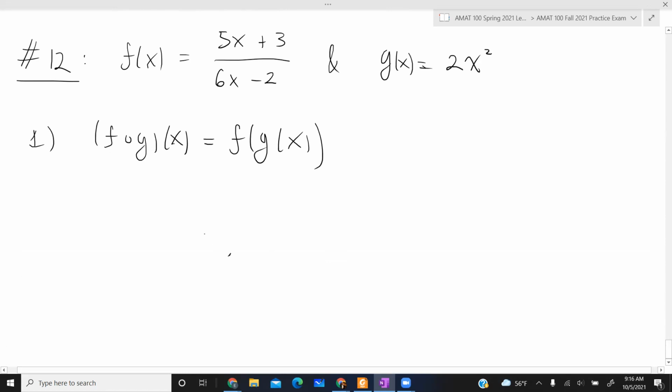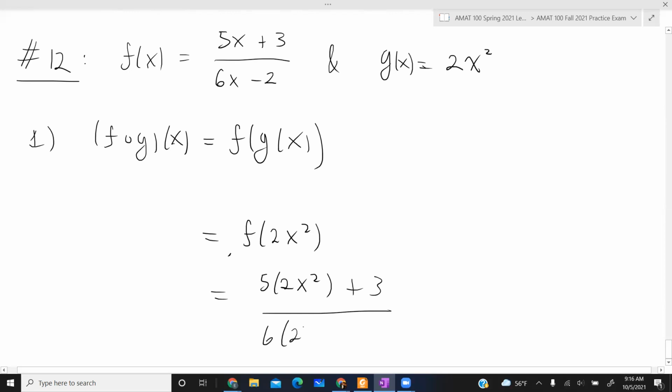But g is just 2x squared. And now wherever I see an x in the formula for f, I just replace it by 2x squared. So it's 5 times 2x squared plus 3, over 6 times 2x squared minus 2.